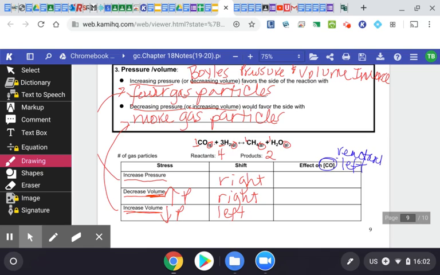Anytime then you go to the left-hand side, that means our reactants will increase because you're going to the same side. Anytime you go to the right side, you're moving away from the reactants, so that concentration will decrease. So both right shifts are decrease and decrease.